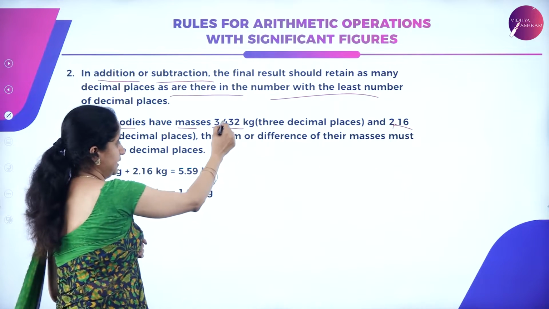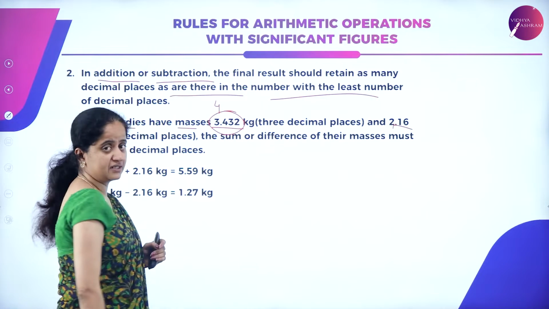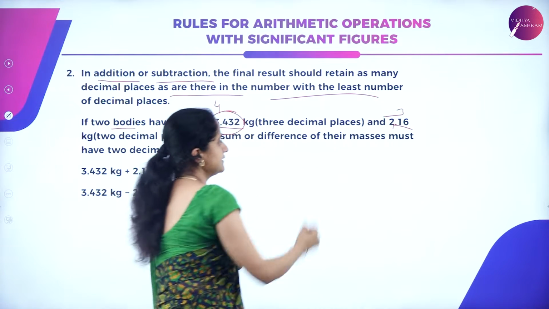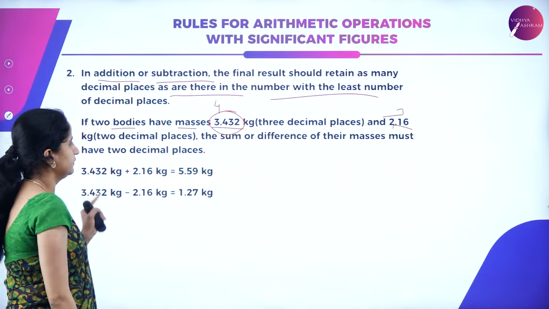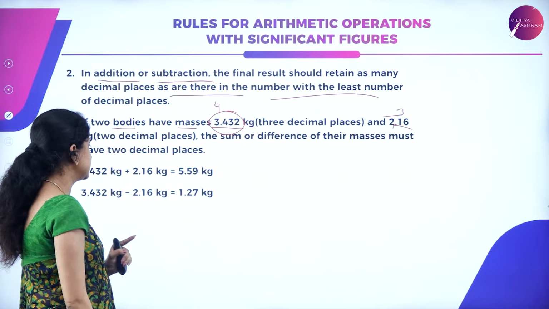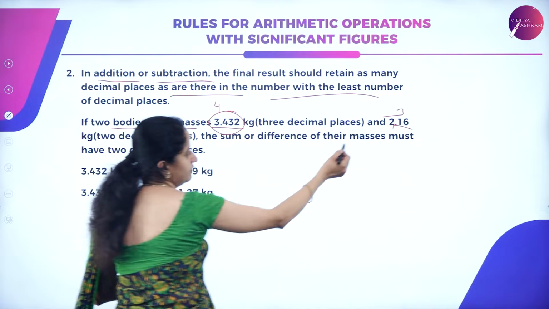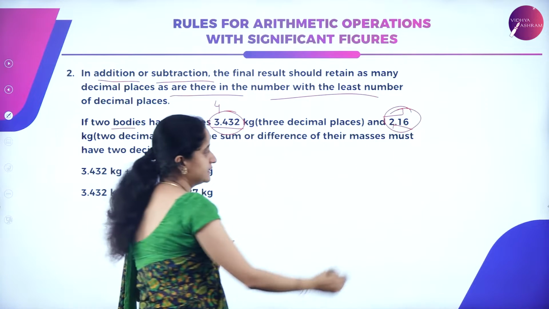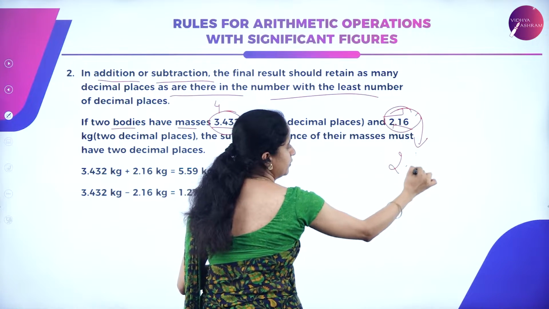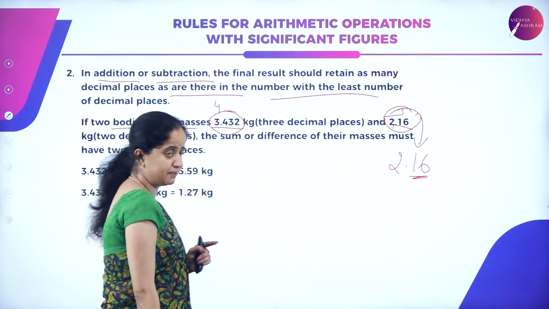Look at this example. I have 4 significant figures in this and 3 significant figures in this. So the sum or difference of their masses must have 2 decimal places, because when you have 3 significant figures in this example, that is 2.16, I have only 2 decimal places.